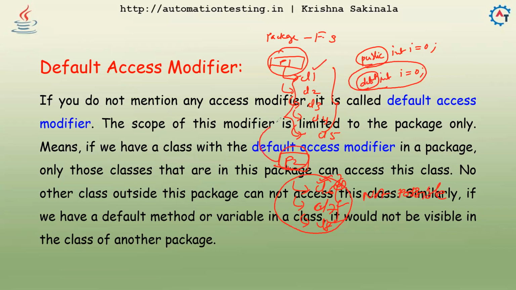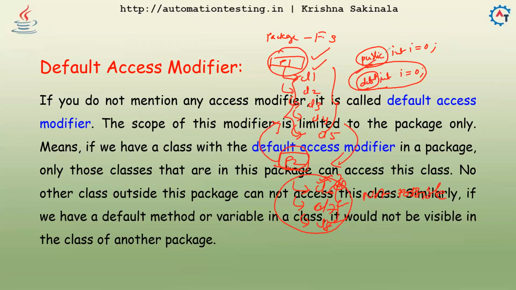You cannot access it from the P1 package classes. In the same way, the default things of package 1 classes cannot be accessed from the P2 package classes. That is restricted to this package only. Inside this package, every class can access these default things.